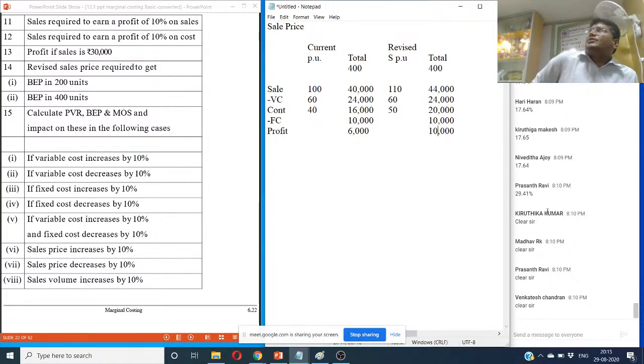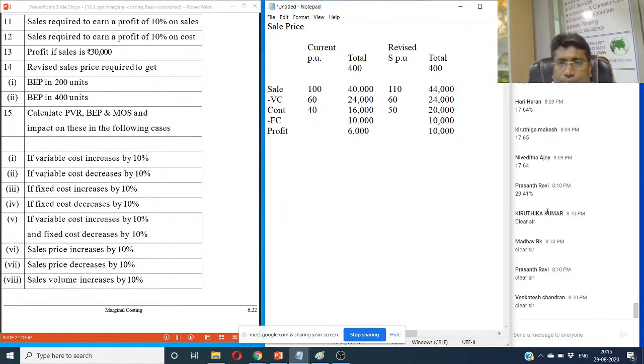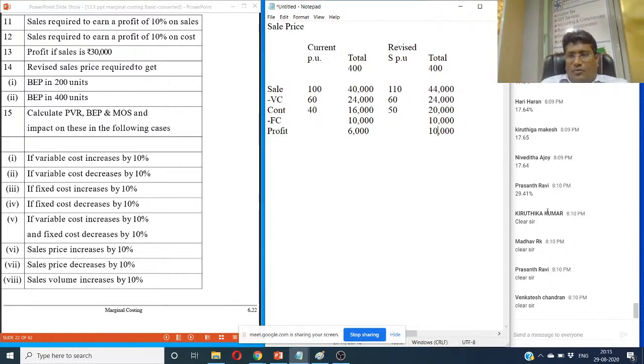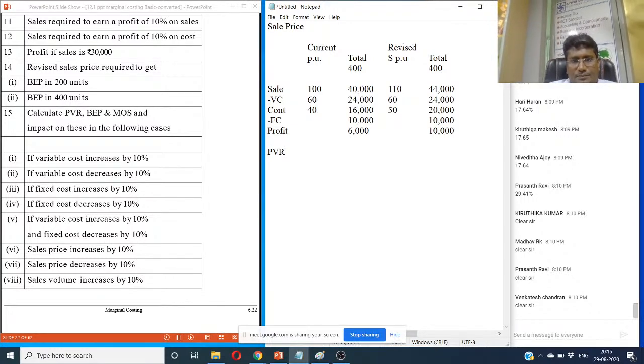So BEP calculation, MOS calculation, and PVR calculations, right? For the PVR calculation, what's the formula? Contribution by sales into 100. For the current scenario, tell me the value. 40%.